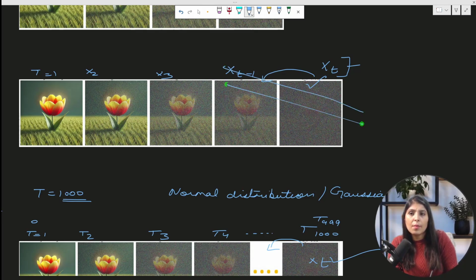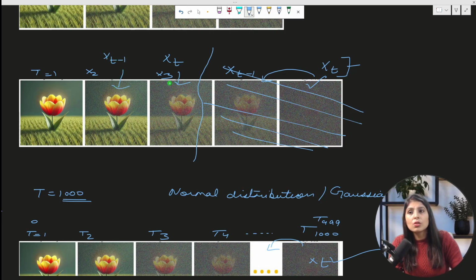Now let's forget about the rest, and say you have performed the task till t3 only. Then, at time step 3 of the forward diffusion process, xt will be this image and xt minus 1 will be this image. So this holds for every time step: the current image is xt and the previous image is xt minus 1.